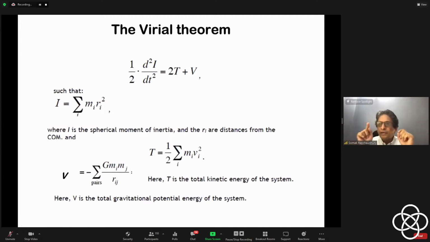And remember, you only measure the radial component of each galaxy's velocity, because you measure it from the Doppler shift. So you can use the argument that you often use in kinetic theory of gases: statistically, over a large sample, this will give you only 1/3 of the total kinetic energy. And so you can multiply that by 3, and that gives you the total kinetic energy, and that is your T.